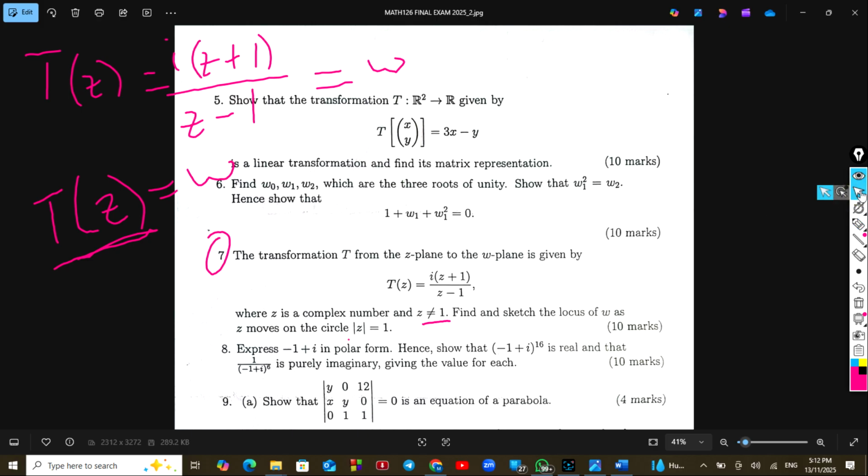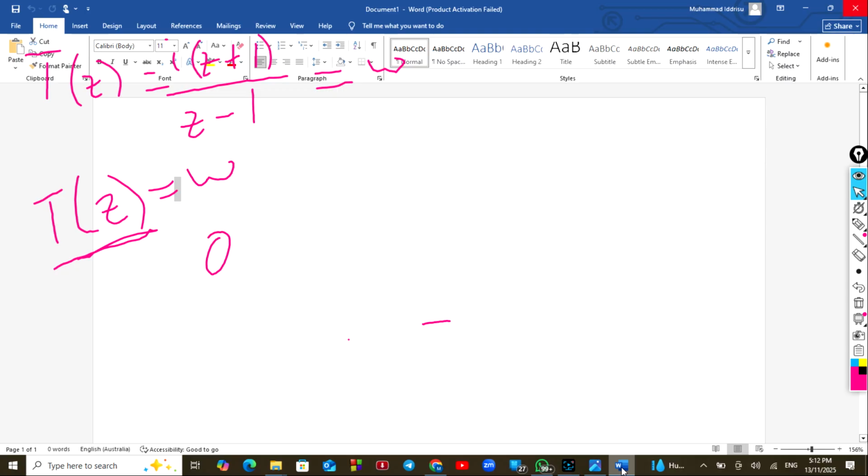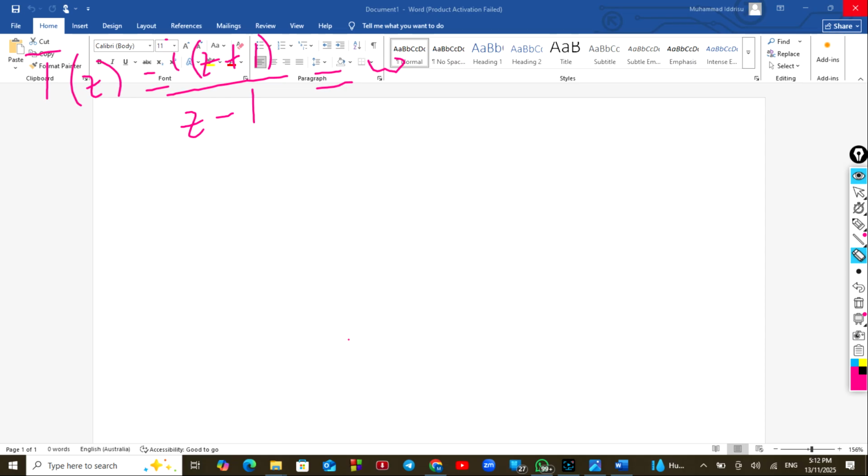So I won't be writing much of T of z, I will be writing w. And we've also been given that z is moving on the circle. The magnitude of z is equal to 1. So let's see how we will deal with this.